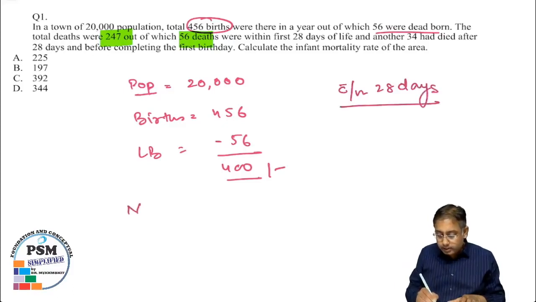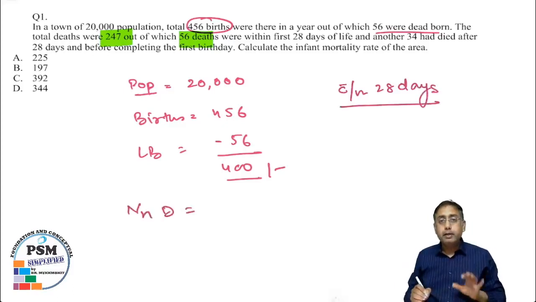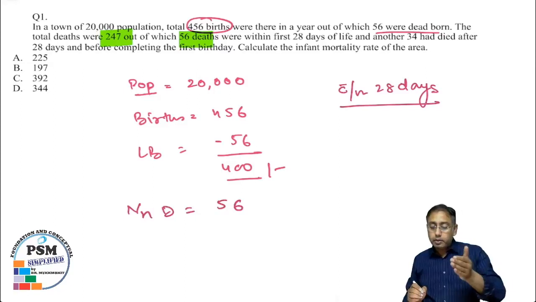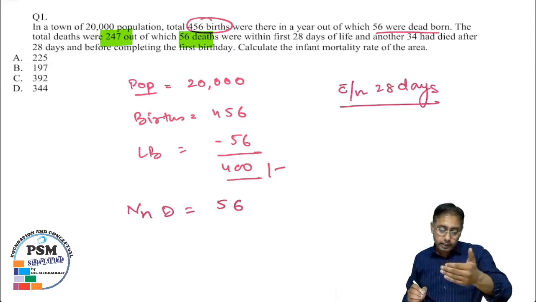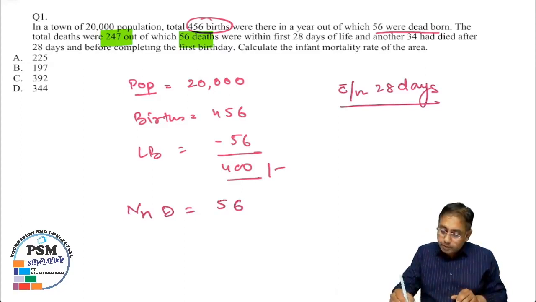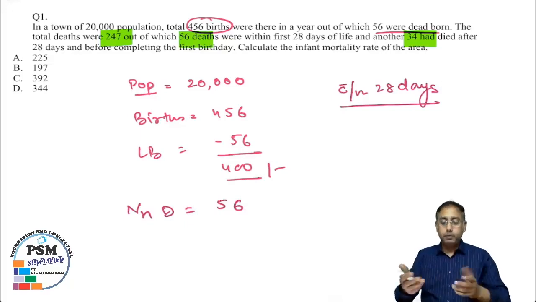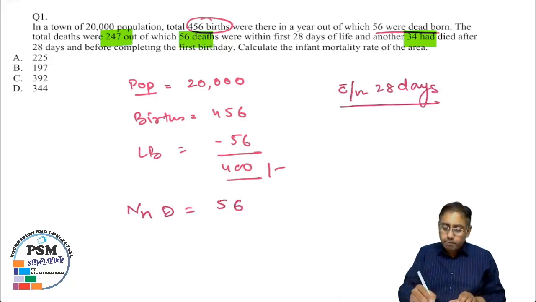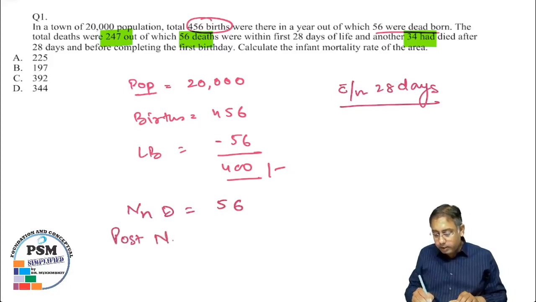So neonatal deaths are 56, within the first 28 days, and another 34 died after 28 days but before completing one year. So the question is giving you the post neonatal deaths, which are 34 deaths.